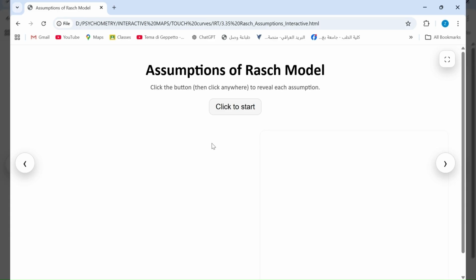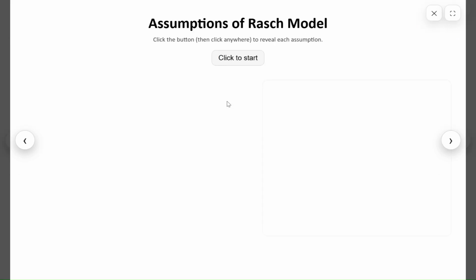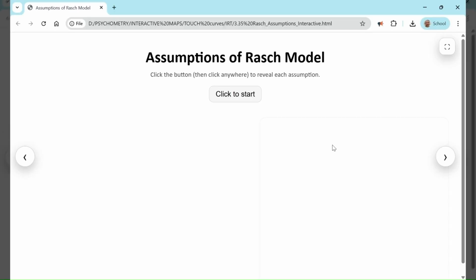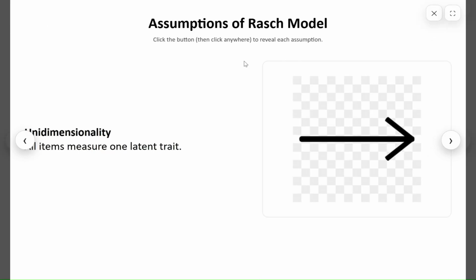So what are the assumptions of the Rasch model? What does the Rasch model assume? The first assumption is unidimensionality. There are some assumptions for Rasch which are very important.